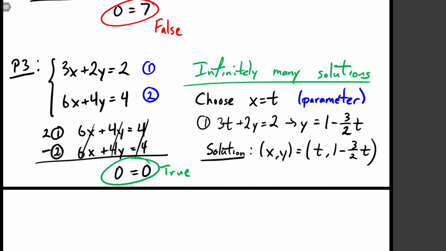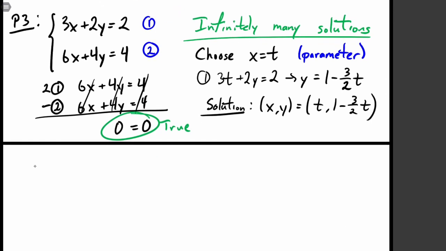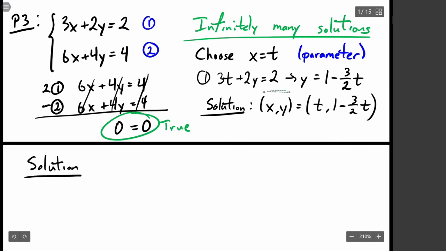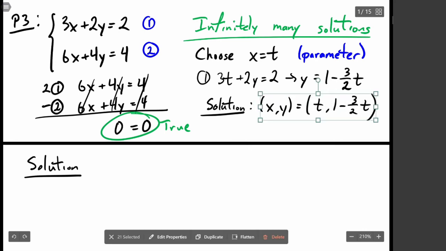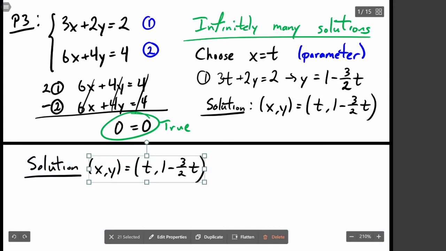So we're going to rewrite the solution to this. Let me move this down here.